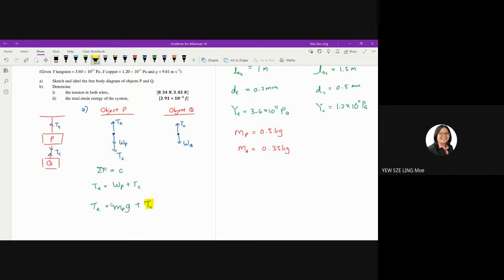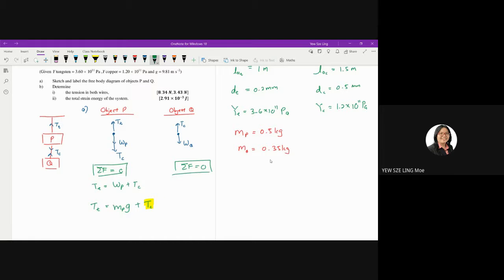So what I can do now, let's try the second object. Let's look at the free body diagram. Again, I'm going to apply summation F equals 0 because both objects are not moving, so you can solve both by using Newton's first law.